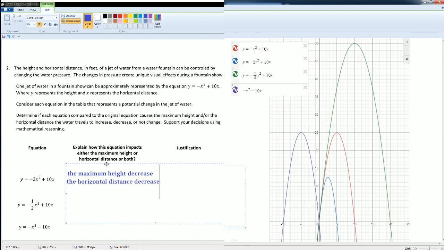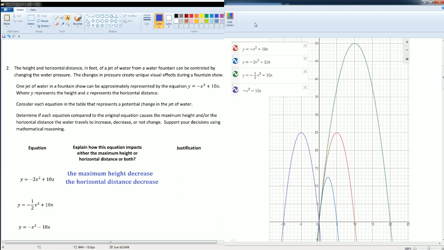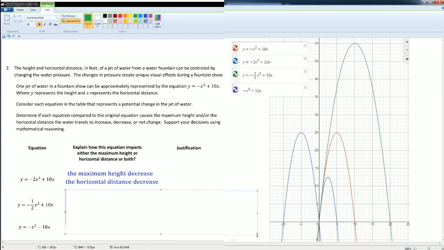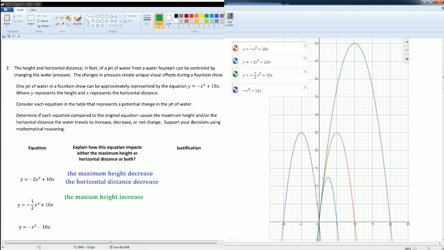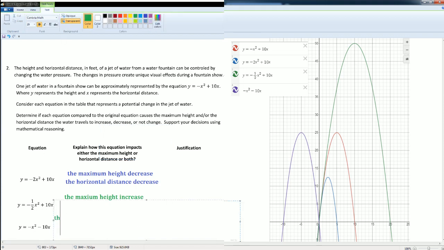So both decreased. Then the next one was in green, and that one you would say what changed for that one? Well, that one, the maximum height increased, and then the horizontal distance increased as well.